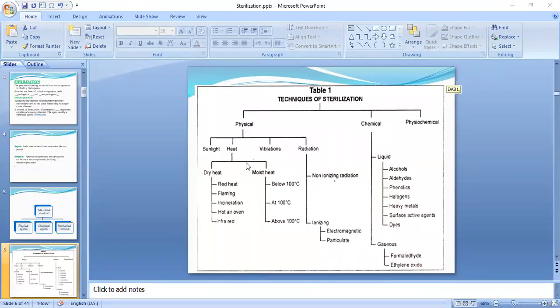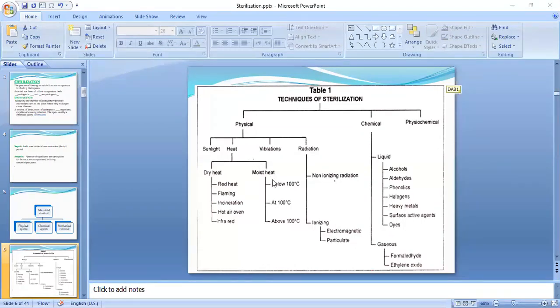The dry heat methods are red heat, flaming, incineration, hot air oven, and infrared. So these are the dry heat methods, and on this side are the moist heat methods.